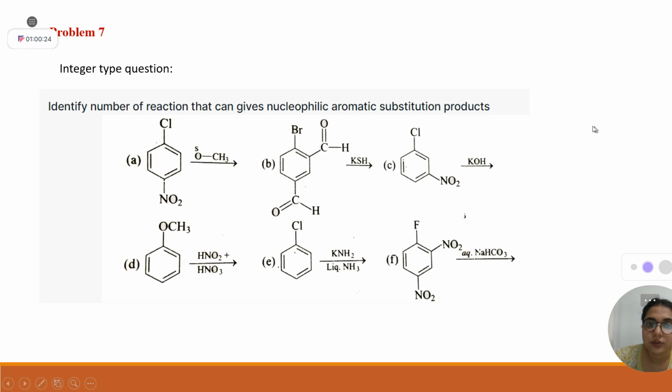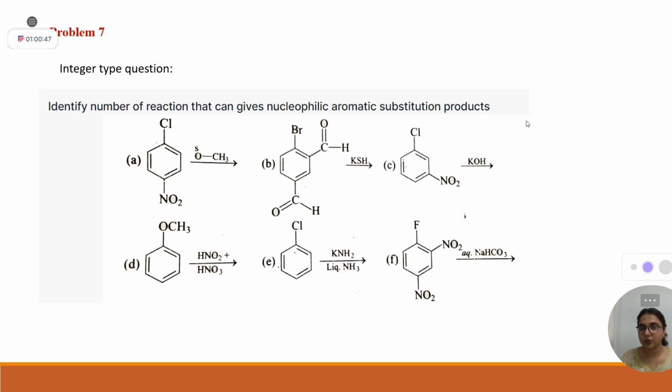Okay, so who is going to tell me? They are asking to identify the number of reactions that can give nucleophilic aromatic substitution. Nucleophilic aromatic substitution covers both types, so you have to tell me which mechanism is operating and which reactions are feasible for this.